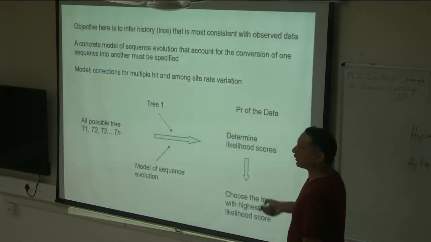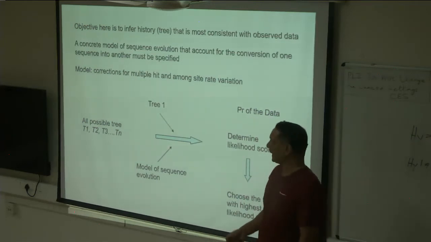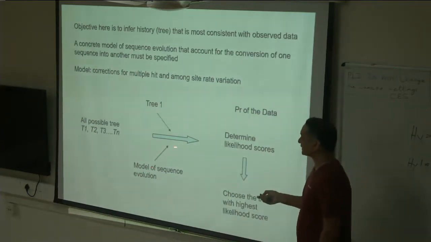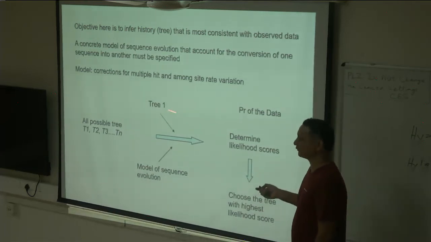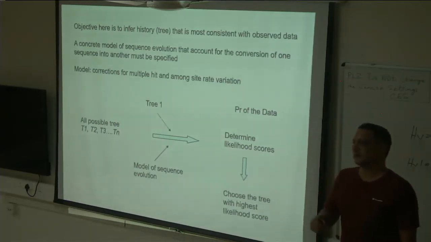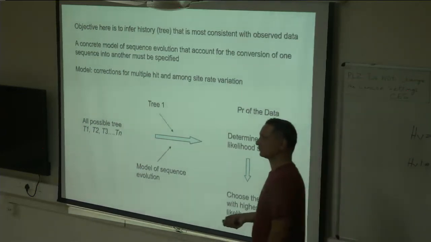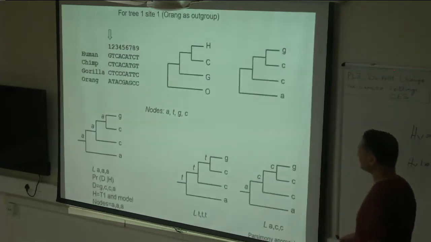So what do you do? You build all possible trees, just like in parsimony, and then given this model of sequence evolution and your data, you calculate the likelihood and you pick the tree with the highest likelihood, and that's your maximum likelihood tree.